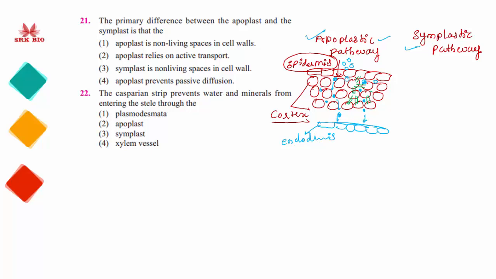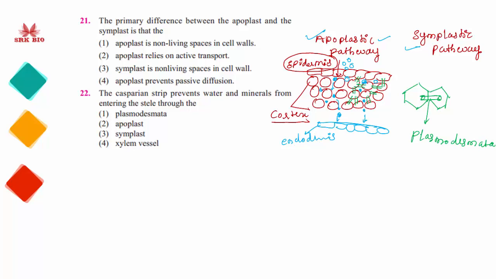There is a chain of connection between all the cells. And these connecting cells, let me draw the two adjacent plant cells here. These are the two plant cells and both of them are interconnected with the help of a cytoplasmic tube, and this is called plasmodesmata.